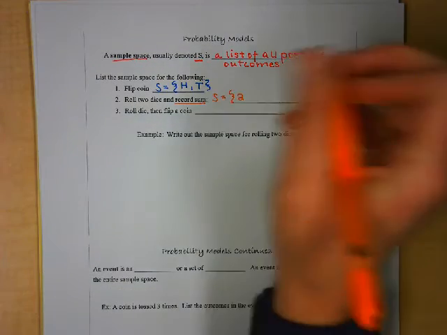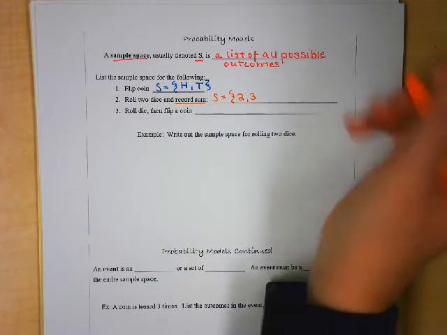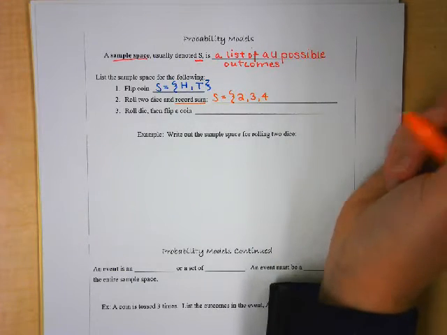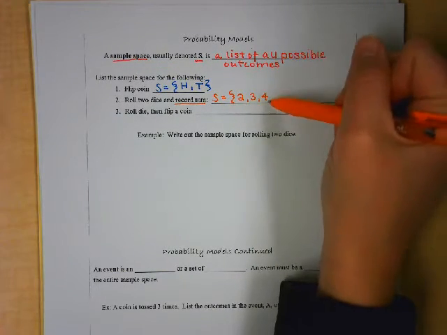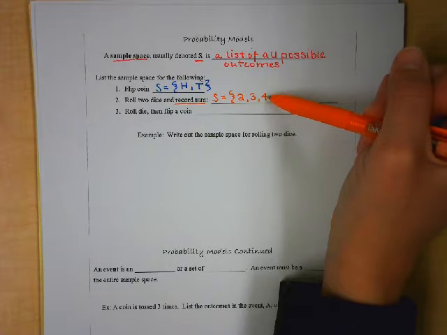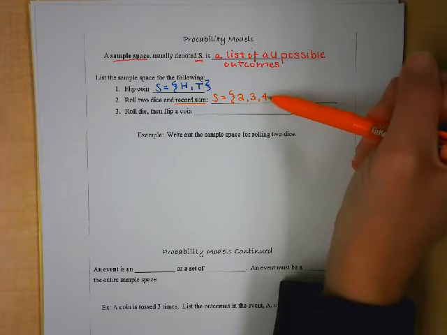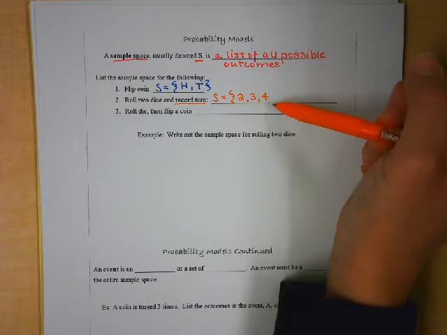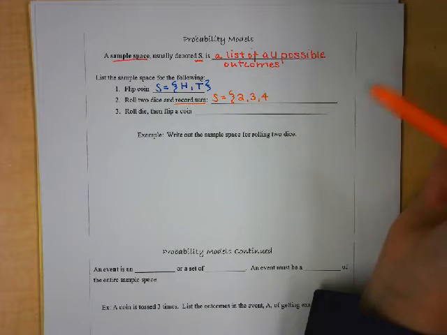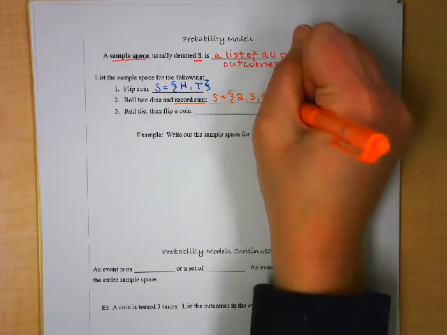If I roll a 1 and a 2, my sum is 3. If I roll a 1 and a 3, I get a sum of 4. If I roll a 2 and a 2, I also get a sum of 4. So there are multiple ways to get a sum of 4, but I don't have to write 4 multiple times. 4 is an outcome. There's a bunch of different ways to get that outcome, but it's only asking me to record the possible sums. I could have 1 and 4, which make 5.